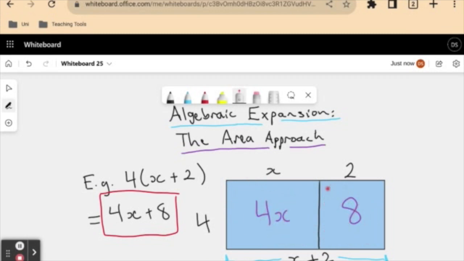In this case, we looked at 4x plus 8, or 4 multiplied by the brackets of x plus 2. But you'll notice the same pattern because we're just multiplying our number outside the bracket by each number inside the bracket separately, and then adding these two together.